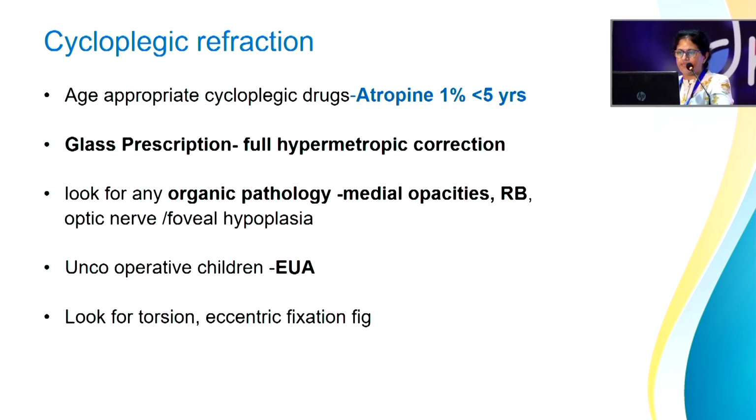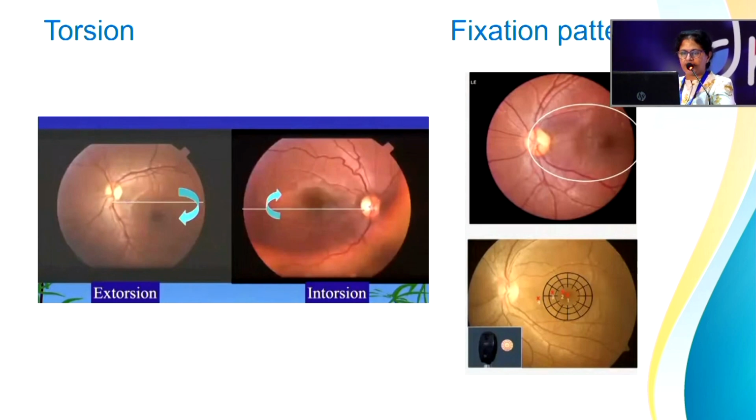Atropine 1% is used for cycloplegia in children less than 5 years. Fundus examination has to be done to rule out organic pathology of the posterior segment and look for torsion and fixation pattern.